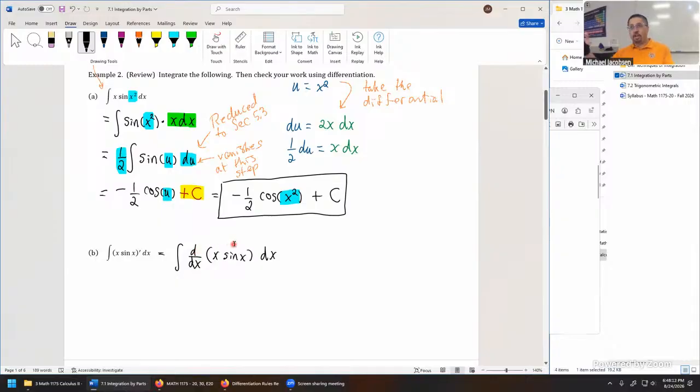Well, if I already know what I'm differentiating, x sine x, and it's asking me to find the antiderivative of that, the answer is just x sine x. That's the particular antiderivative. We have to put on the integration constant plus c. Well, that's the whole answer to this one.